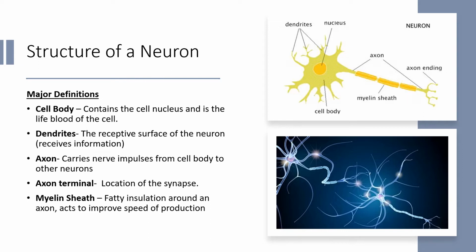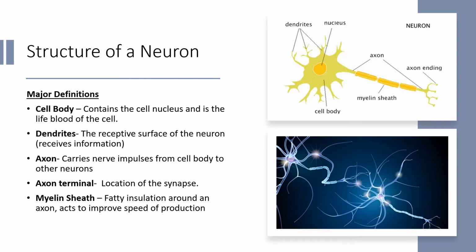So its main purpose is to insulate the axon, and then it speeds up that conductivity of the electrical impulse. So myelin is promoting a fast transmission of electrical signals. I think a useful analogy is that if the axon itself is like an electrical wire, myelin is like insulation that surrounds it, speeding up the impulse.